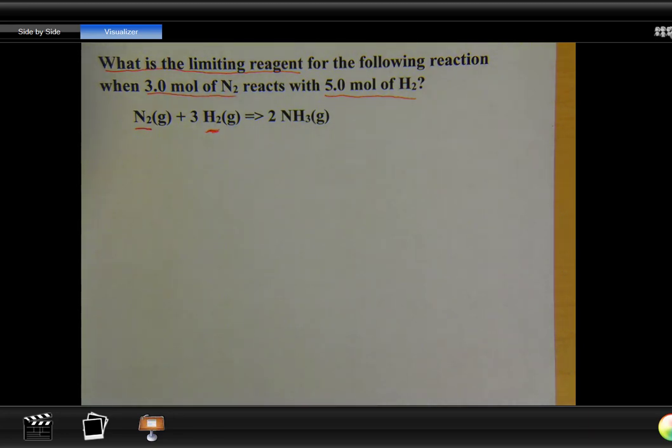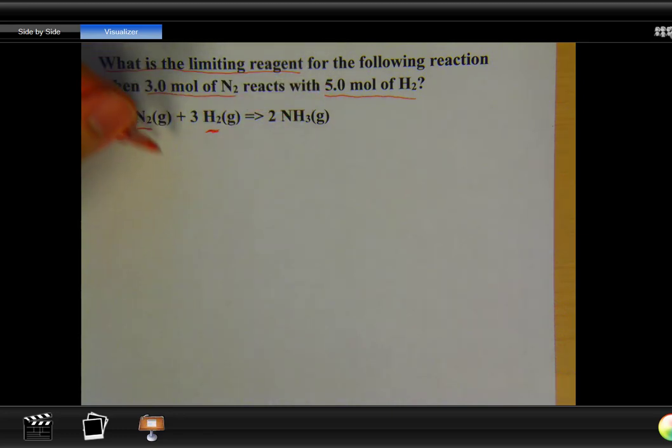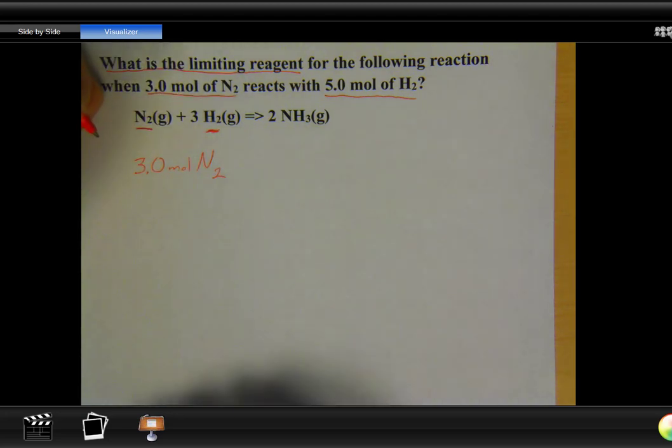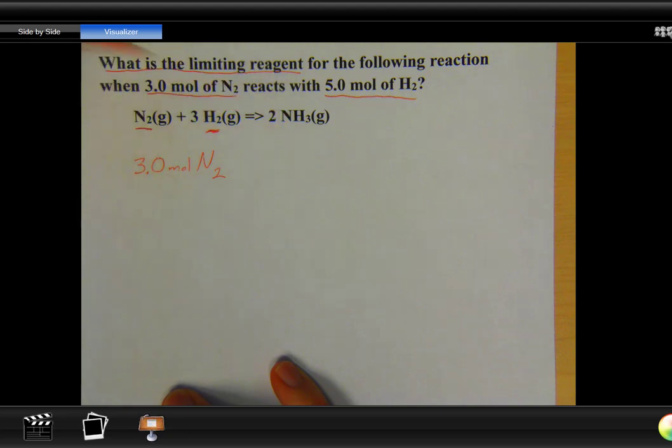So what we need to do here is compare them in terms of the same thing. How many NH3s can we make from the 3 N2s? How many NH3s can we make from the 5 H2s? Let's start with the N2, simply because that is the first one given to us. We have 3.0 moles N2. We need to convert that to the product.